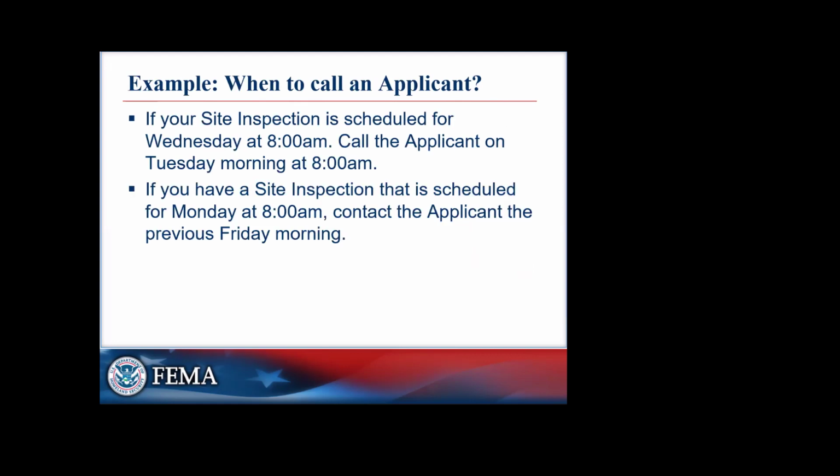So, an example of when to call an applicant. If a site inspection is scheduled for Wednesday at 8 a.m., call the applicant on Tuesday morning at 8 a.m. or 8:30 or something of the sort. Keep in mind those hours of operation. If you have a site inspection that is scheduled on a Monday, contact that applicant the Friday before.